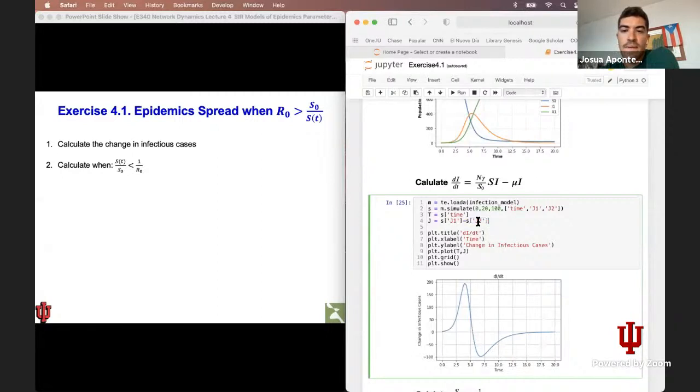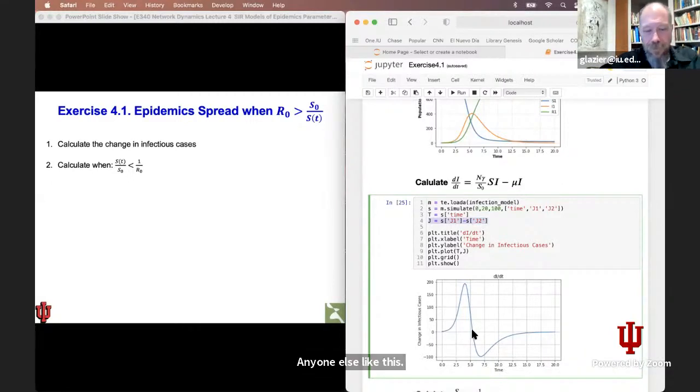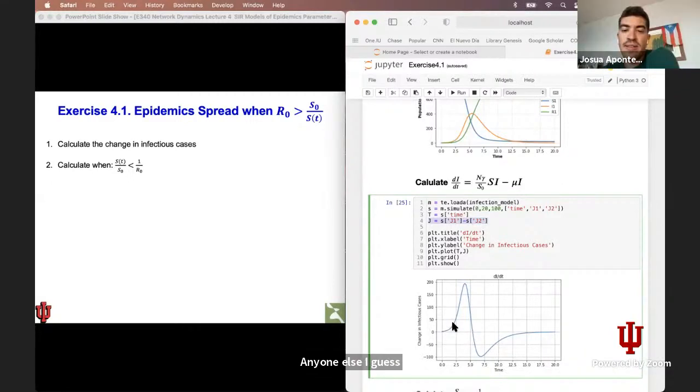Anyone has a guess? So this is the derivative of this curve. What happens? Right. So the derivative is 0 when I1 reaches its maximum point, right?